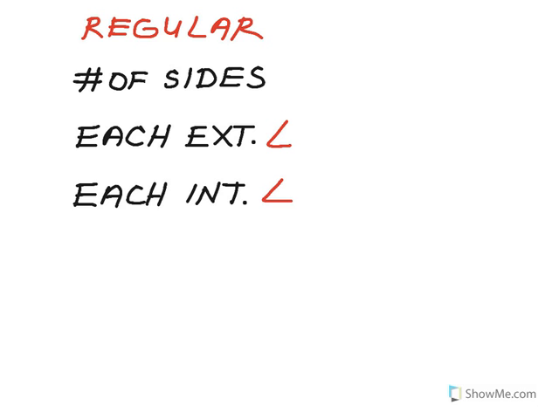Okay, for the next exercise, let's say I have a regular polygon, and all I know is that each exterior angle is 20 degrees. So I have to solve for the measure of the interior angle and the number of sides. So the interior angle is easy. It's the other part of the 180 degrees. So the interior angle is going to equal 160 degrees. But as to the number of sides, what we want to do is work backwards. We know that 360 divided by n equals the measure of one exterior angle.